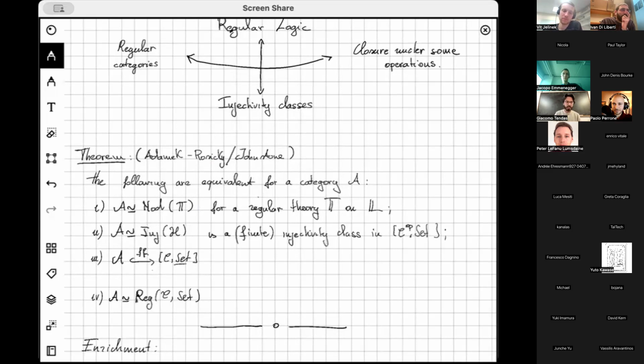Three, and these are the closure properties: A is closed in a presheaf category under certain limits and colimits, under products, filtered colimits, and something called pure subobjects.